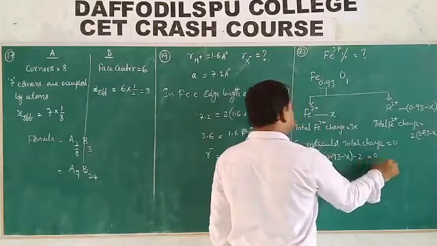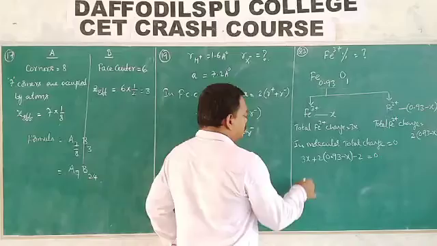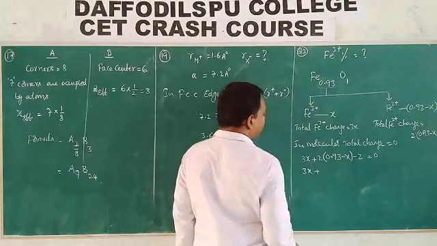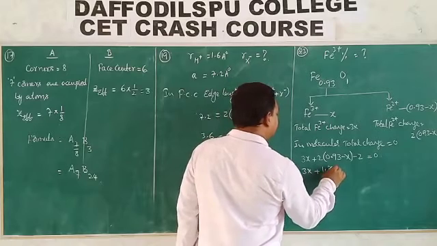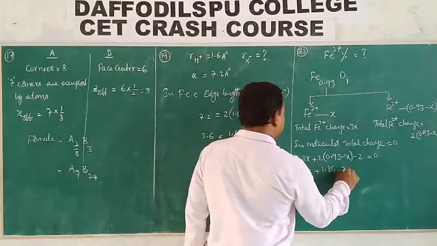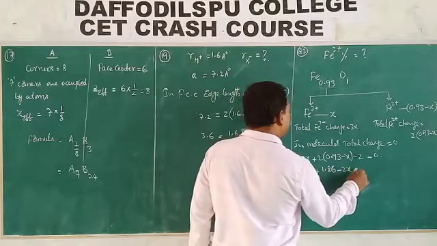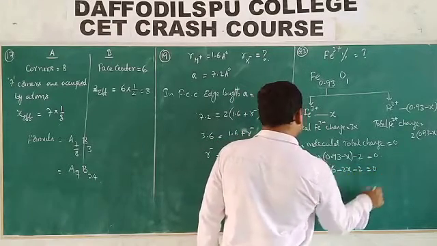So 3x plus 1.86 minus 2x minus 2 equal to 0.